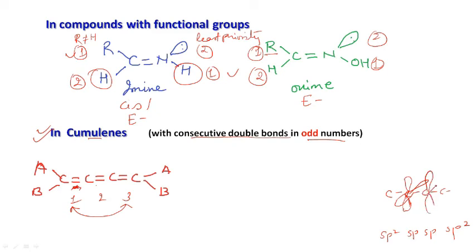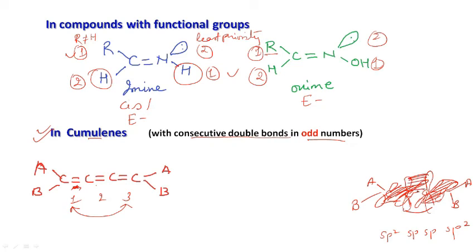Similarly we can say this and this, because at this position they overlap, these two get overlapped and these two get overlapped. So both these double bonds are in the same plane, and so are the AB type groups. So these are in the same plane.